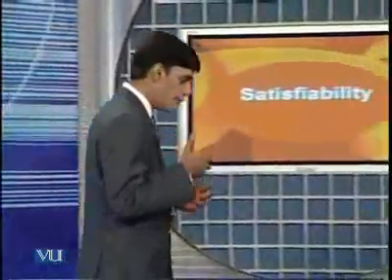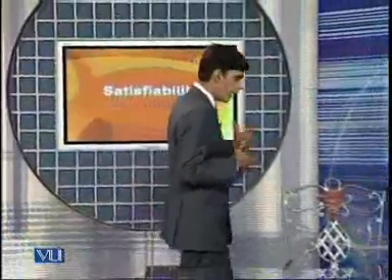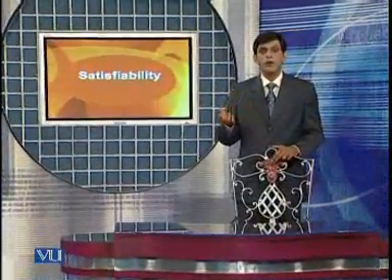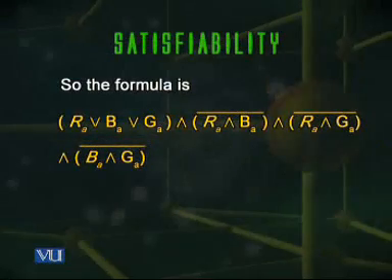Now, I can play the same trick with the second vertex B. I can just make three variables, RB, BB and GB, and come up with a formula which will be true if and only if the vertex B is assigned exactly one color out of red, blue and green, and I've written that for you.